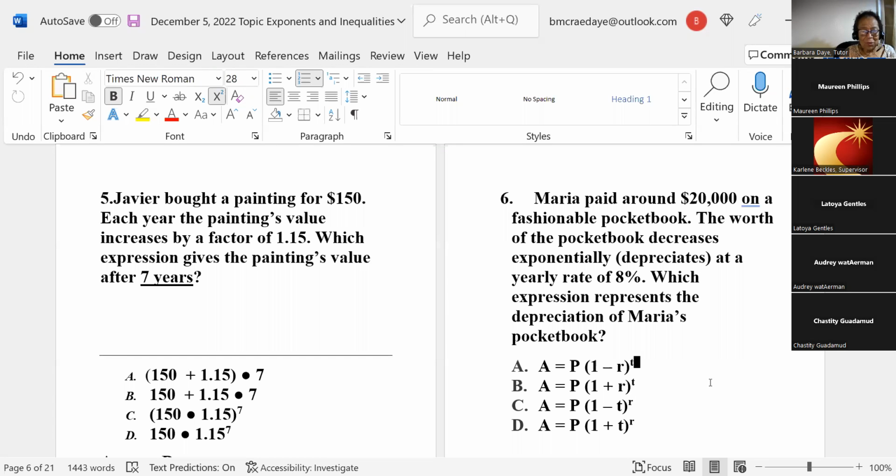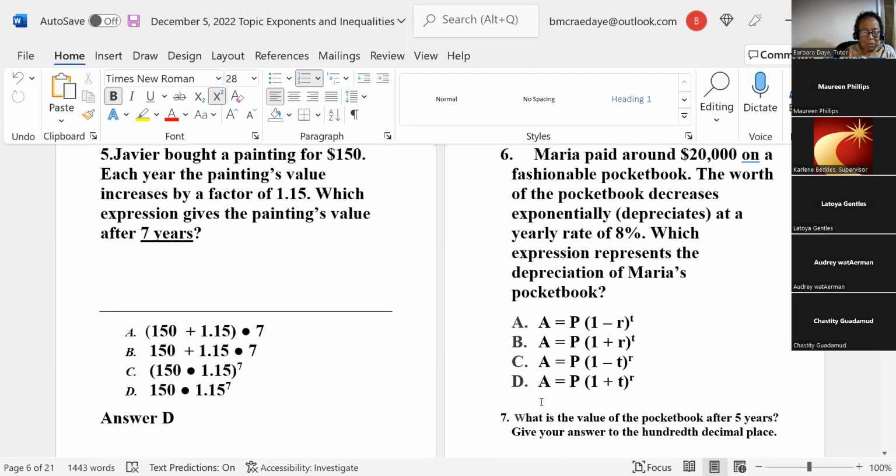So the answer would be A. With depreciation you subtract, but you subtract the rate, not the time. See, C has the time. So the answer, like Maureen said, is A.